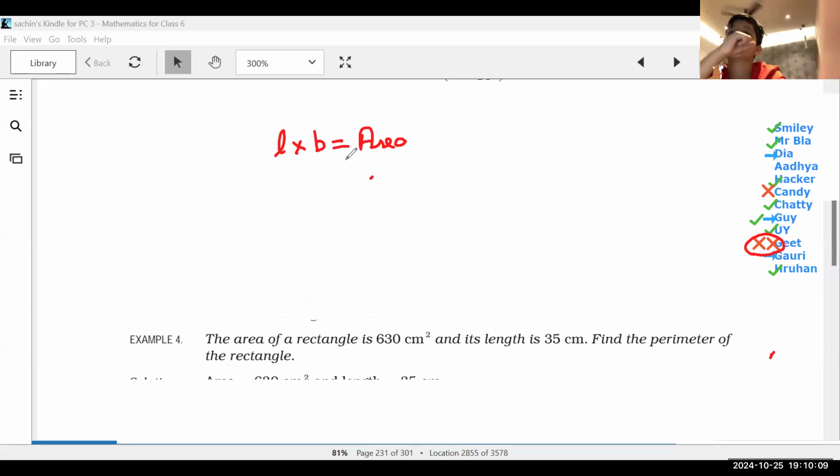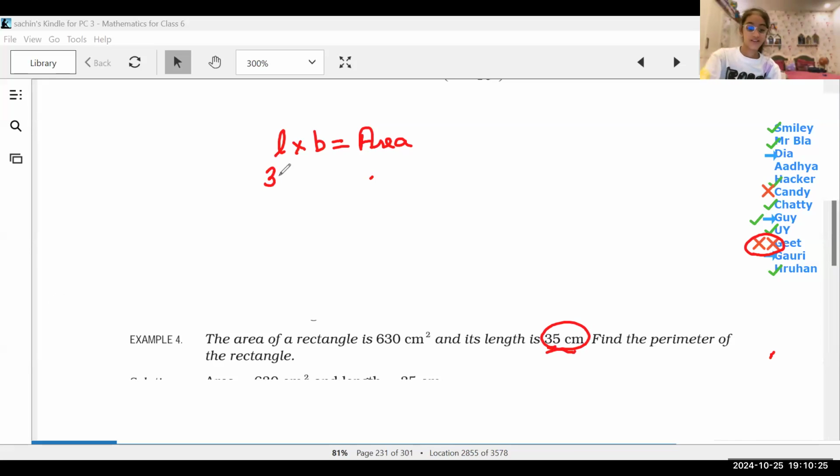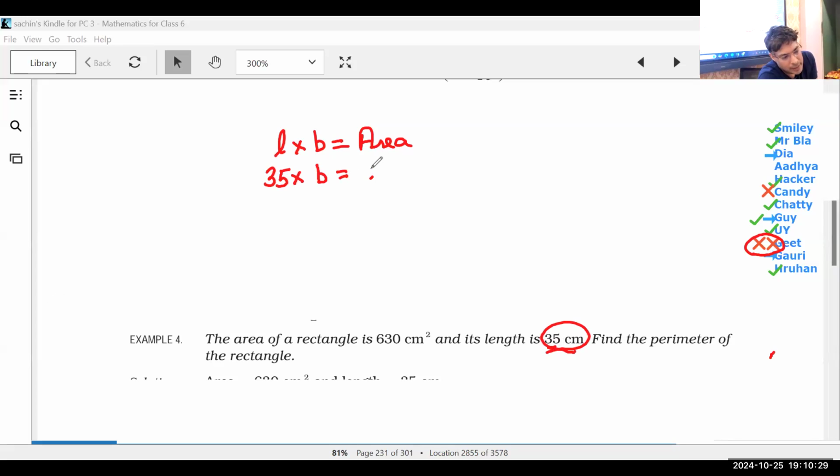Got it. Candy, what is the length? 35, it is given here. And what is the breadth? We don't know. What is the area? 630. So Candy, how will I find the breadth?